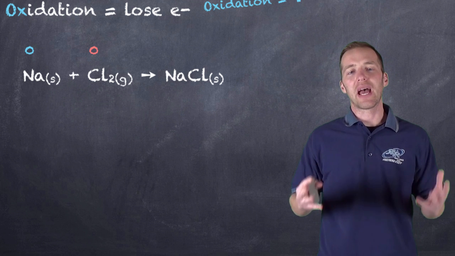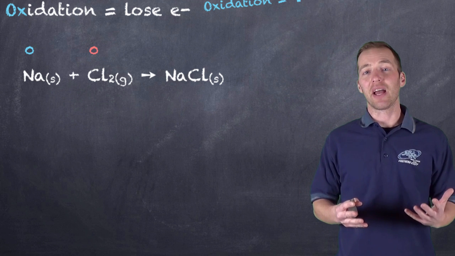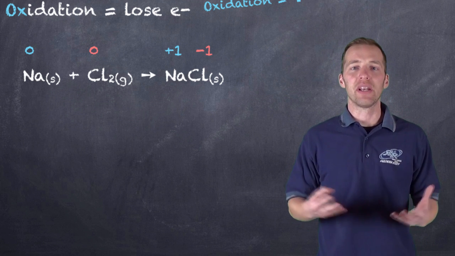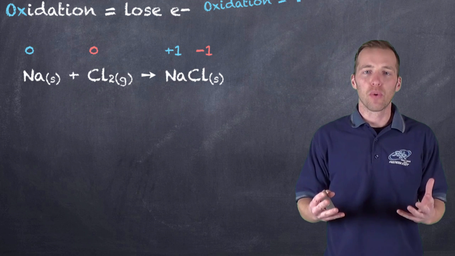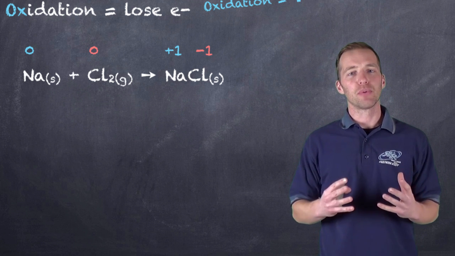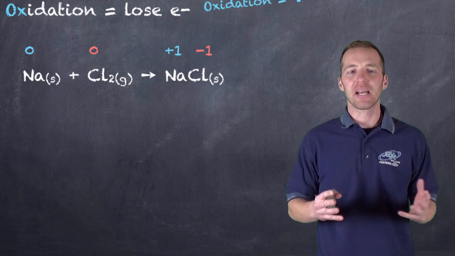And if we take a look at the sodium chloride that's formed, we have a sodium cation, or positively charged ion, and we have a chloride anion, or negatively charged ion. And we can of course assign these according to those oxidation number rules that we have, sodium being +1 and the chloride ion being -1.